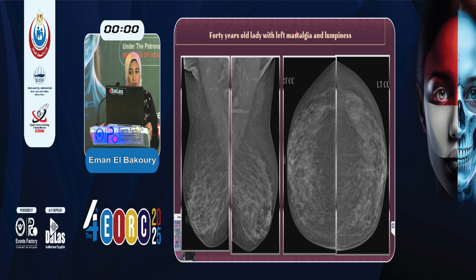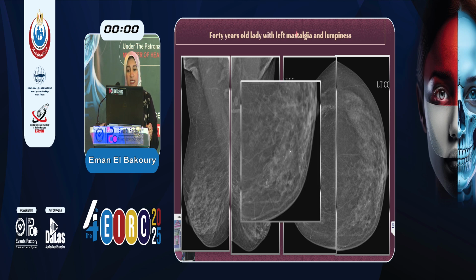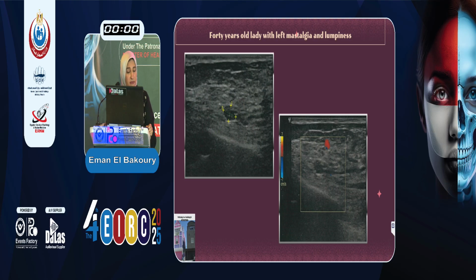This is a 40-year-old lady with left mastalgia, and here we can see groups of calcification of pleomorphic type, one here and one there, with questionable in-between scattered calcification. In a trial for biopsying of this calcification, we got this microlobulated hypoechoic mass. Upon biopsying of this mass, it yielded an ADH.